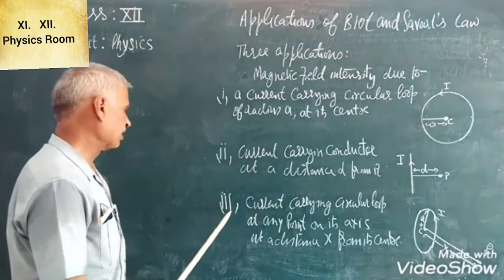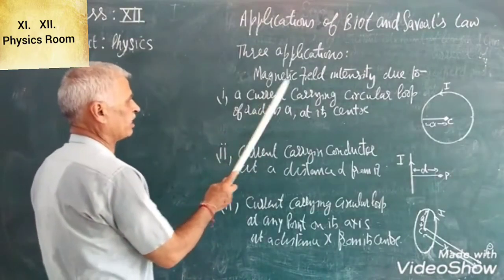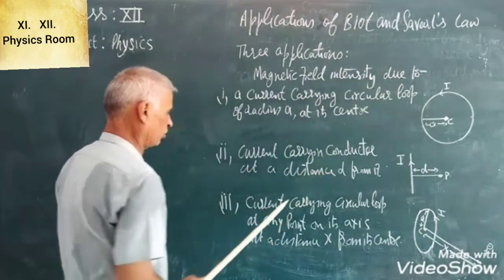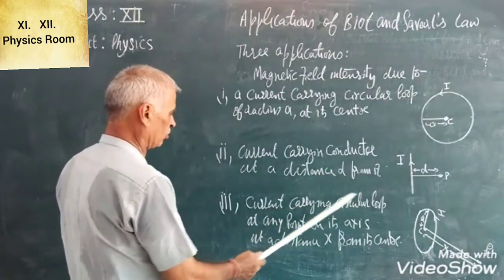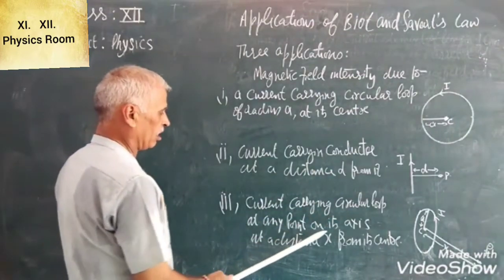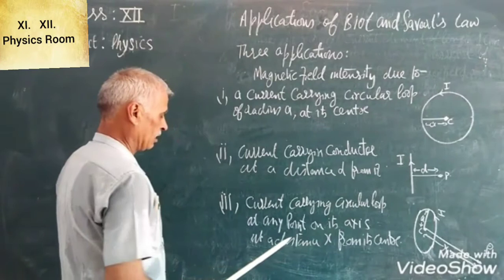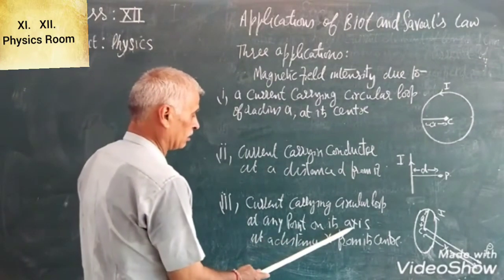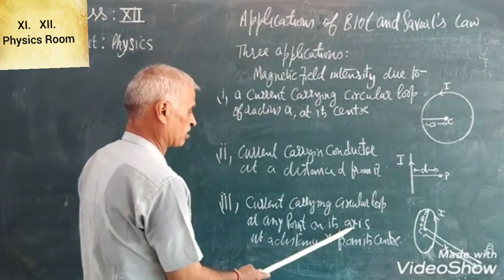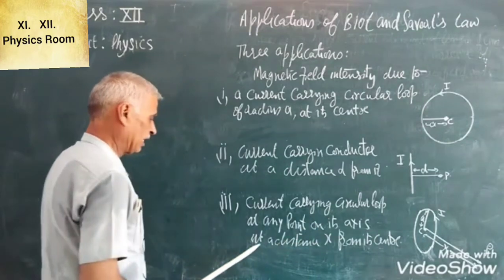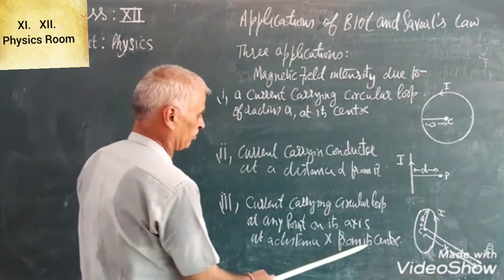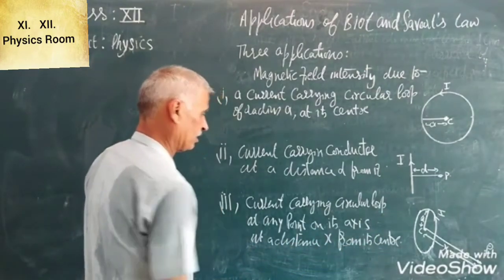And third application is we are to find out magnetic field intensity due to a current carrying circular loop at any point on its axis perpendicular to the plane of the loop passing through its center at a distance x from the center.